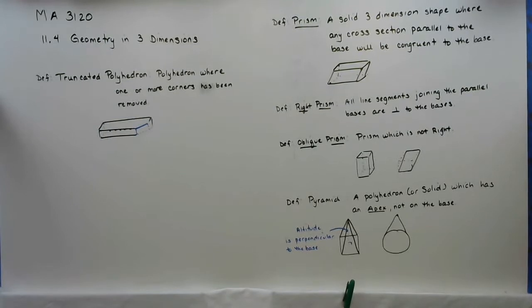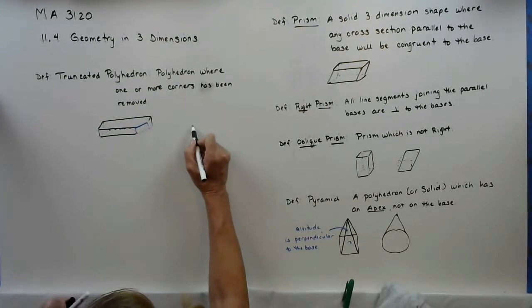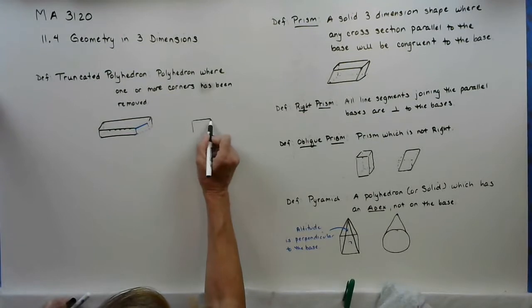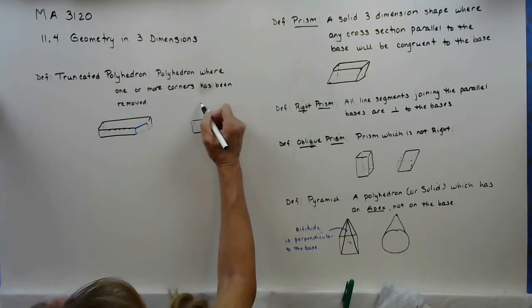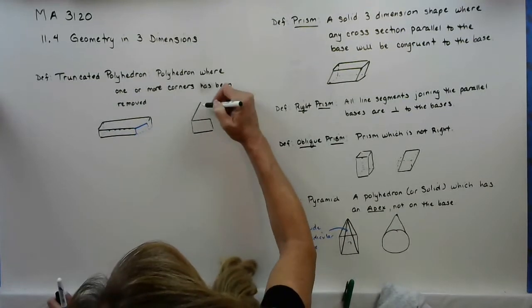The easiest way, in my opinion, to think about what a truncated polyhedron would look like is to imagine you have a pyramid. Here's a pyramid.